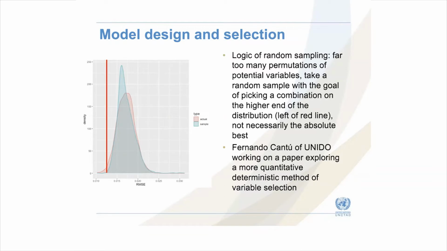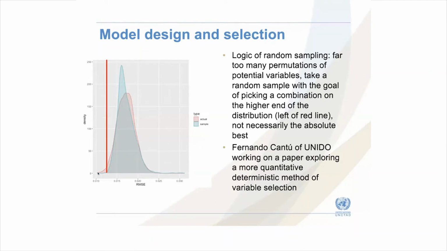That would take way too much computing power and time. So the idea of taking random samples of explanatory variables was to not find the absolute best model, but to find a better performing model on the distribution.